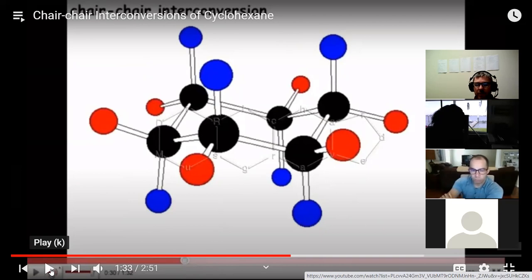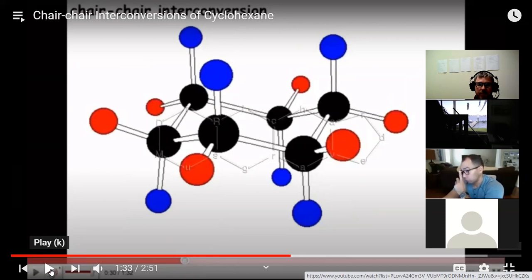Julie, does that answer your question? No, because I don't understand... I guess it's hard to ask this question. I see this and it's supposed to be a chair in one direction and then a chair in another direction. And what you said before about cyclohexane being a chair, it didn't change between then and here.